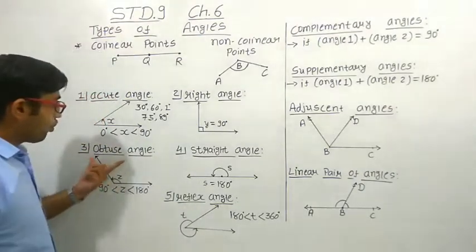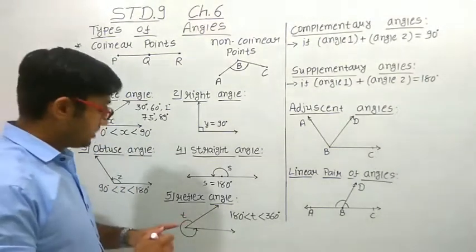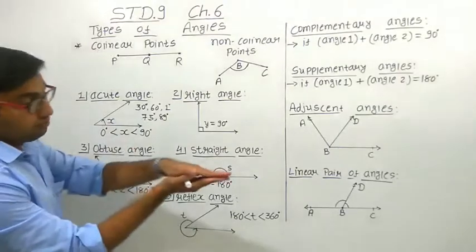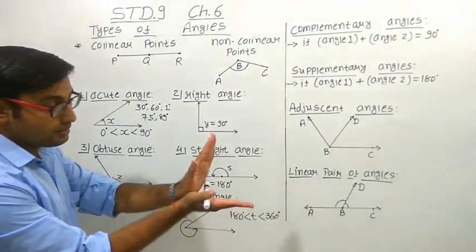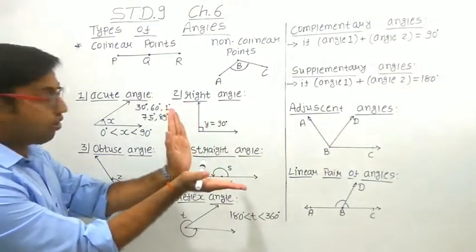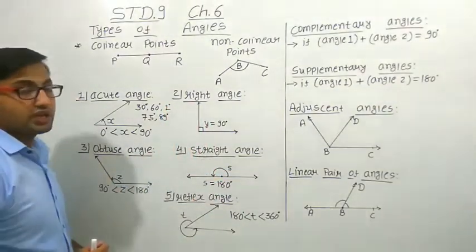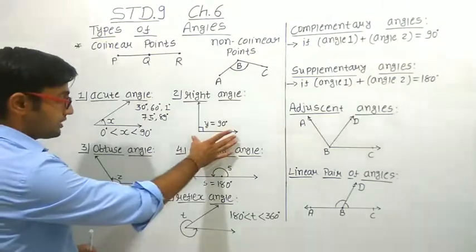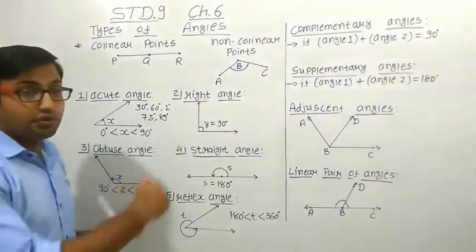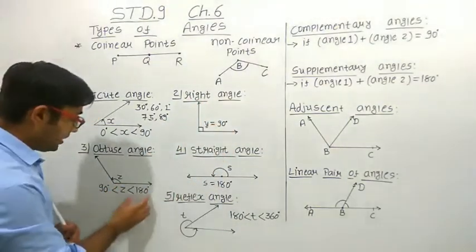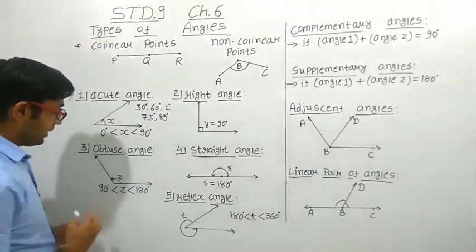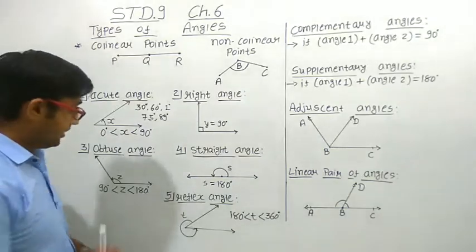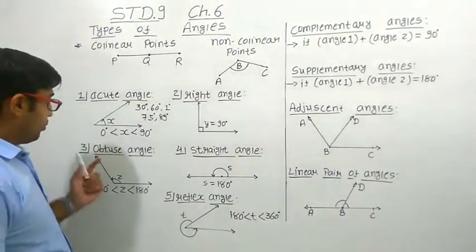The third type is the obtuse angle. Now see, this is an acute angle, this much, this is a right angle. We open the hand, this much. Now if we open the hand more, we get an obtuse angle. So an obtuse angle is obviously greater than 90 degree, but up to what level? Less than 180 degree. Right? So if the angle value is greater than 90 degree and less than 180 degree, then the angle is called an obtuse angle.